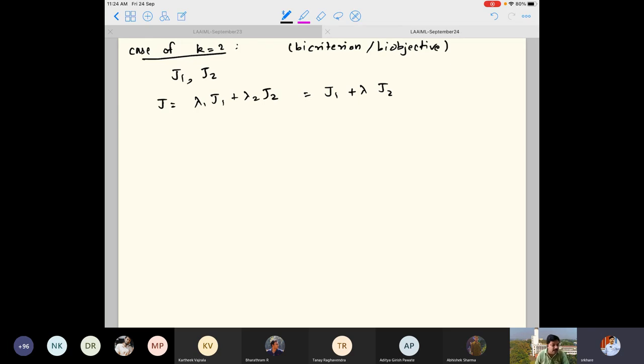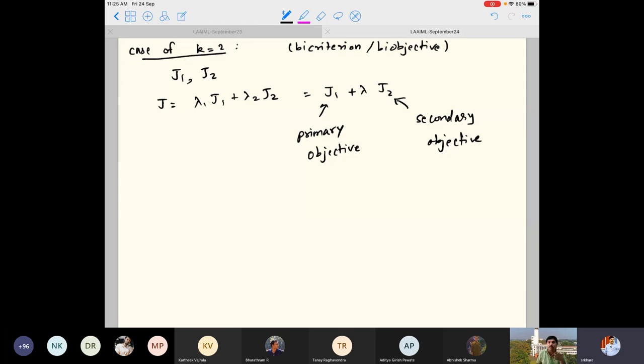And this is called the primary objective. So you want this to go to 0, and this is your secondary objective. Based on the value of lambda, typically this value of lambda will be less than 1.